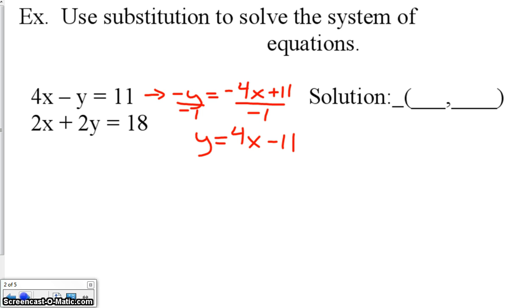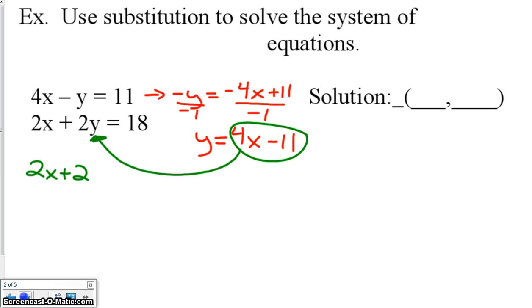I'm now going to take this chunk of information and substitute it in for y in the second equation. Not back into the same equation, into the other equation. So I now rewrite my second equation as 2x plus 2 times the quantity 4x minus 11. That's the substituted part, equals 18.